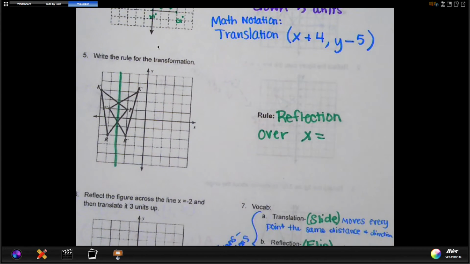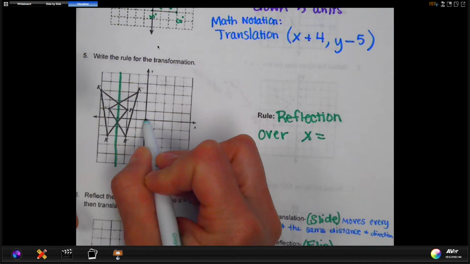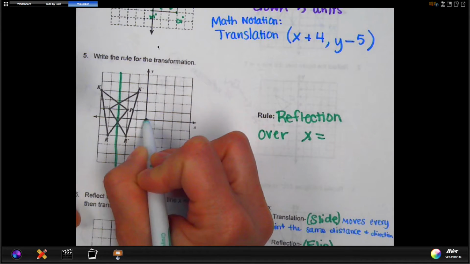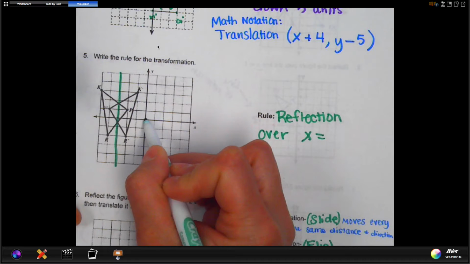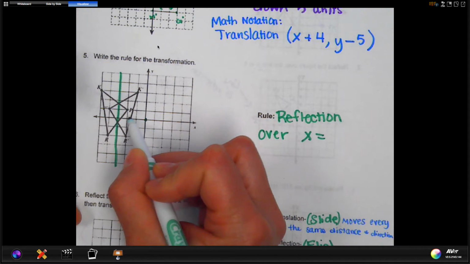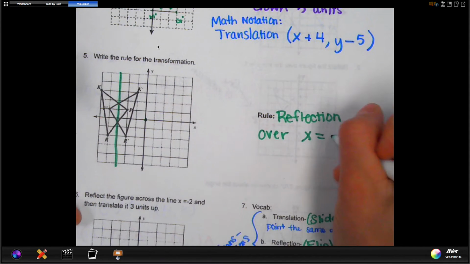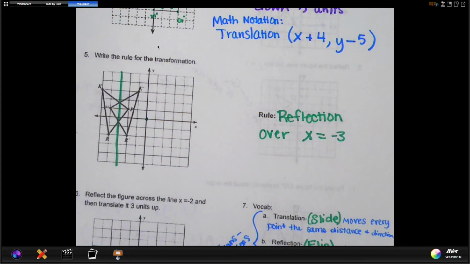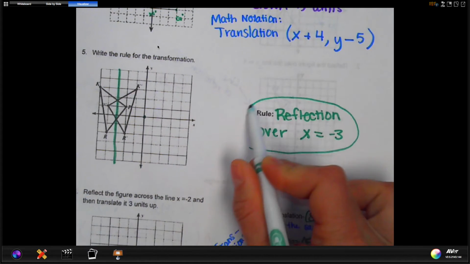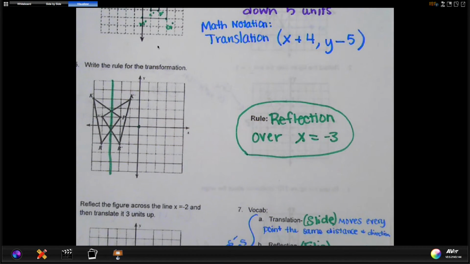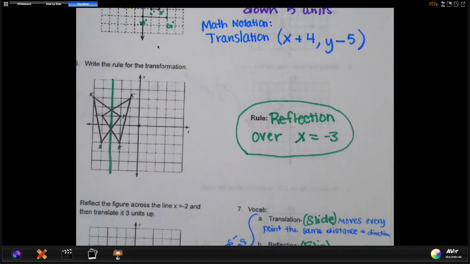And now we have to figure out the number. Remember, this is the point 0, 0, and I'm going left to get there, so I know it's going to be negative 1, 2, 3. So negative 3 is the line in which we're reflecting over. This is the rule for number 5. Reflection over x equals negative 3.